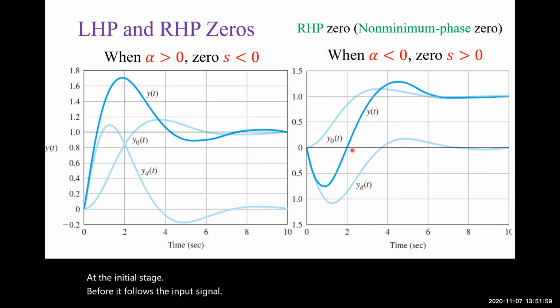So we call this undershoot. So here is overshoot, here is undershoot. So when the zero is at the right half of the S-plane, it will first have undershoot before the overshoot.